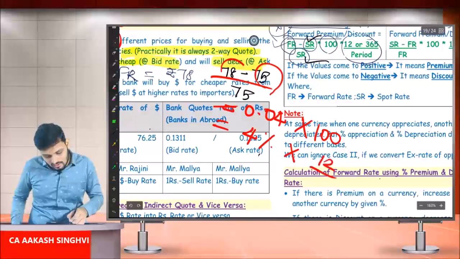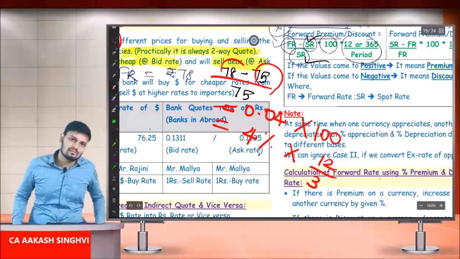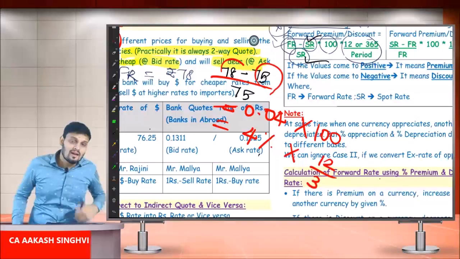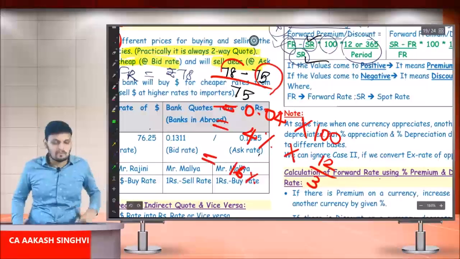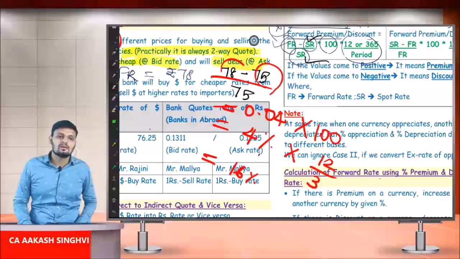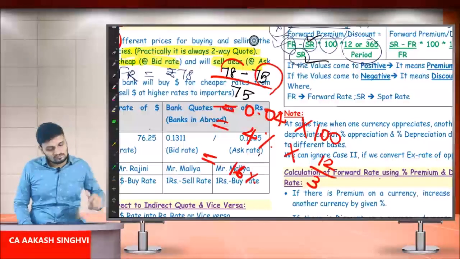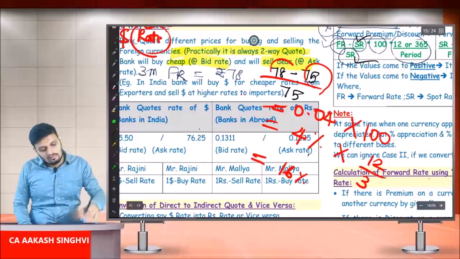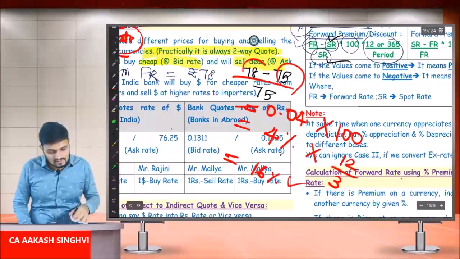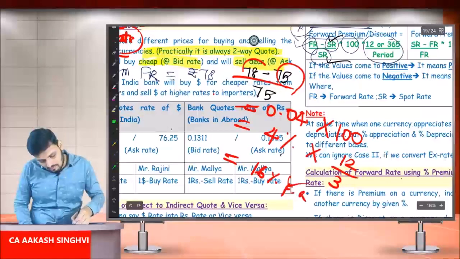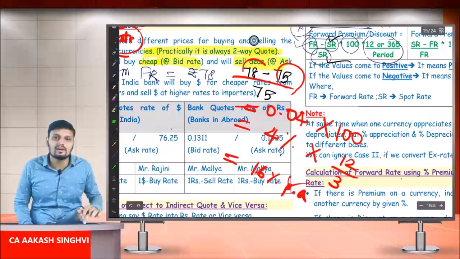Into 12 divided by 3 will give you the percentage per annum. So this will come to 16%. So I have concluded that the percentage premium on dollar is 16% per annum. Do not forget to write PA, per annum.